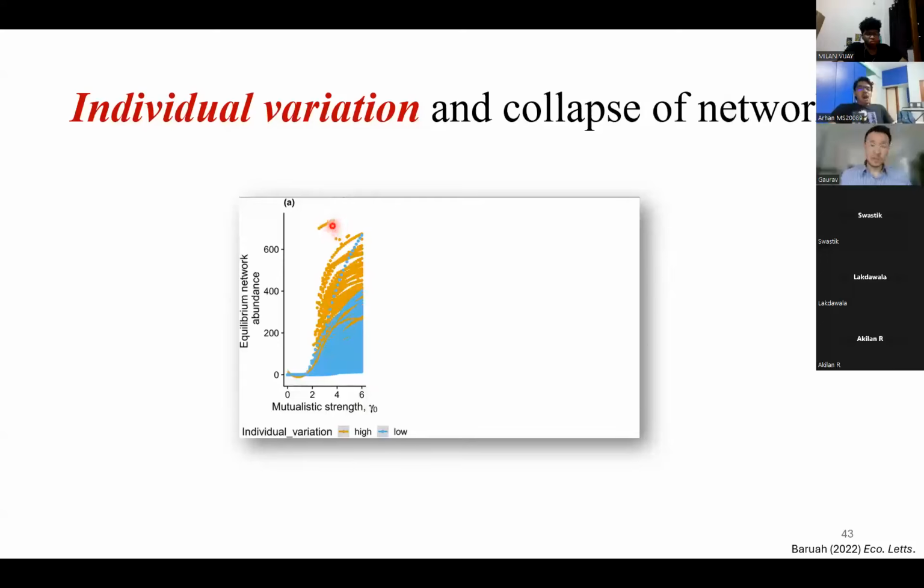each point is an equilibrium biomass or abundance of a network. So as the environment deteriorates, they collapse. And both when such networks have low individual variation, denoted by blue dots, versus the orange dots, they collapse around similar environmental conditions. Okay.